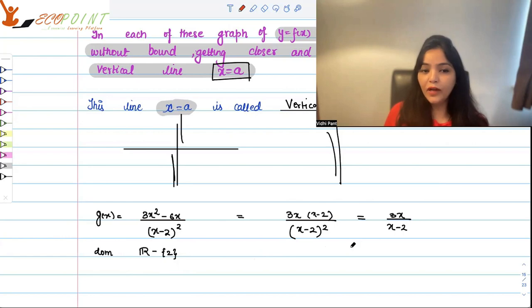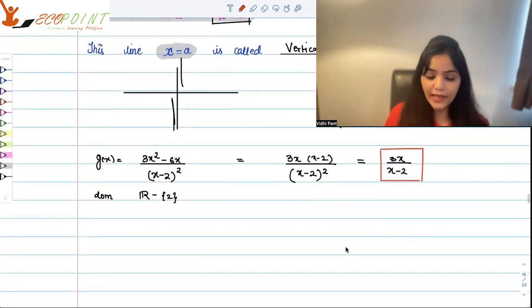And what we figure out is that when we simplify this function, I'm still getting x minus 2 in the denominator. Because of which, without using any algebra out here, I can think that around 2, it must be reaching infinities, right? So let's see what's happening here.